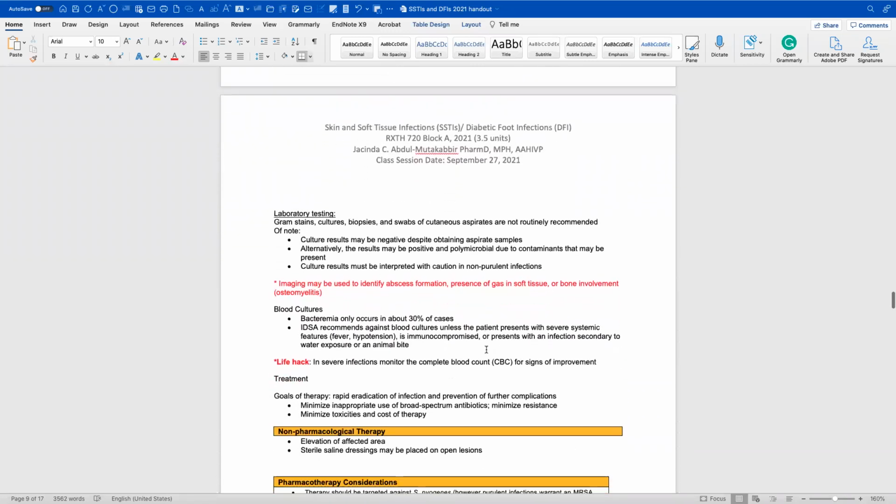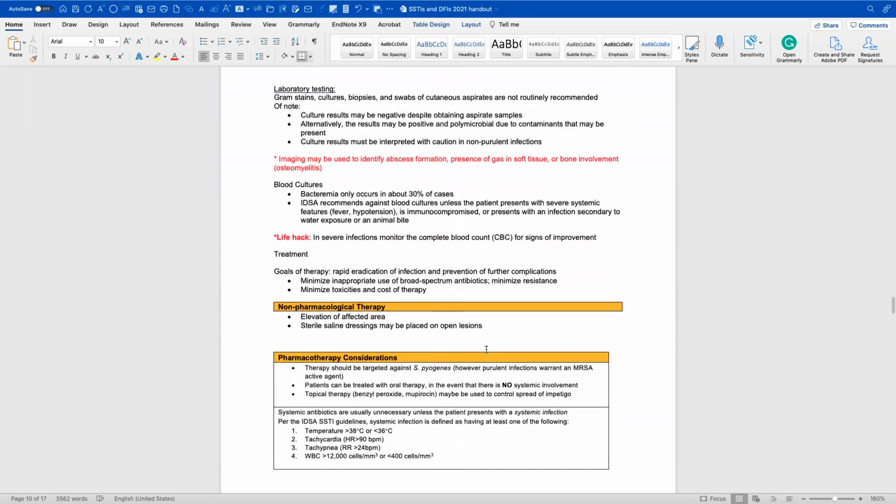For laboratory tests, we can grab gram stains, cultures, biopsies, swabs of the cutaneous aspirates. However, it is not routinely recommended, but you can do that if need be. There may be instances, but clinically, we probably would not grab cultures from these sites of infection. Culture results may be negative despite obtaining aspirate samples.